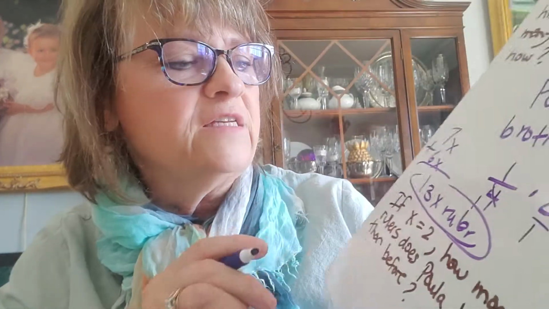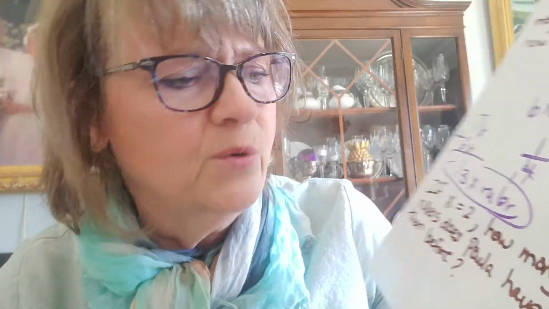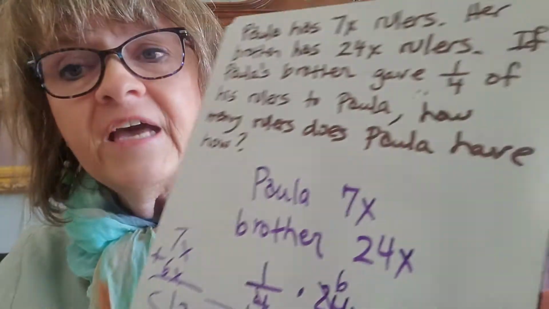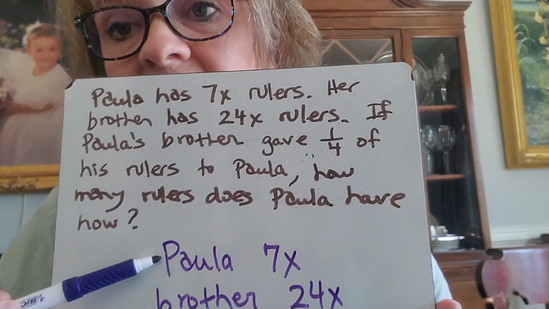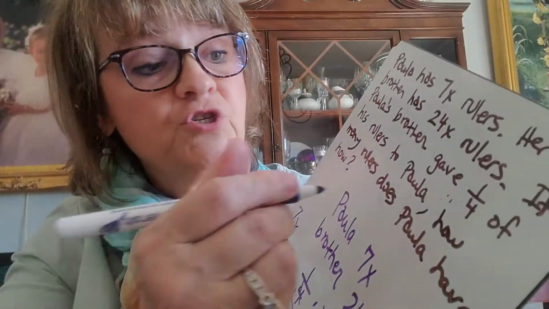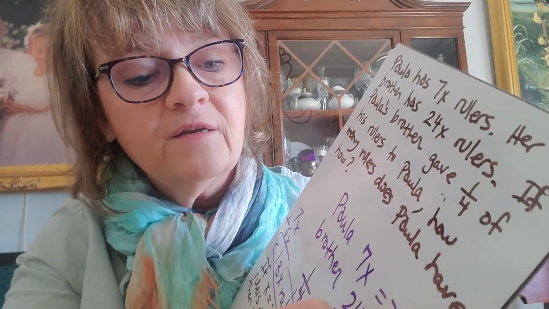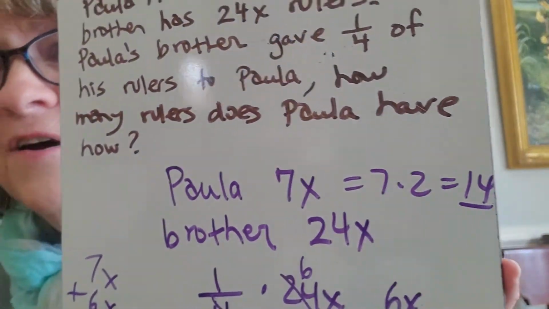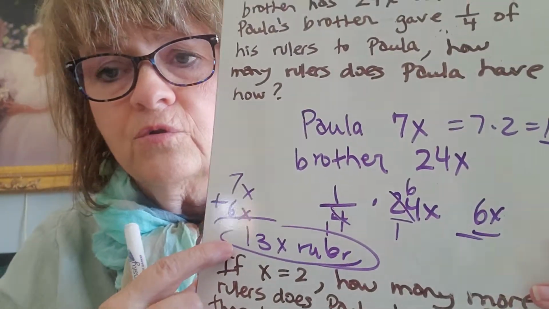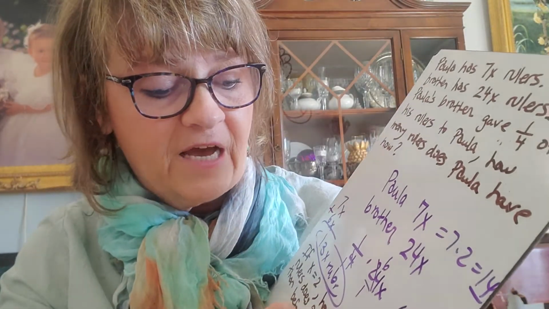So then it says, if x is 2, how many more rulers does Paula have now than before? Well, if x was 2 and Paula had 7x rulers to begin with, 7 times 2 gives us what? Yes, times table, 14. All right, and then now she has 13x rulers, so that would be 13 times 2.